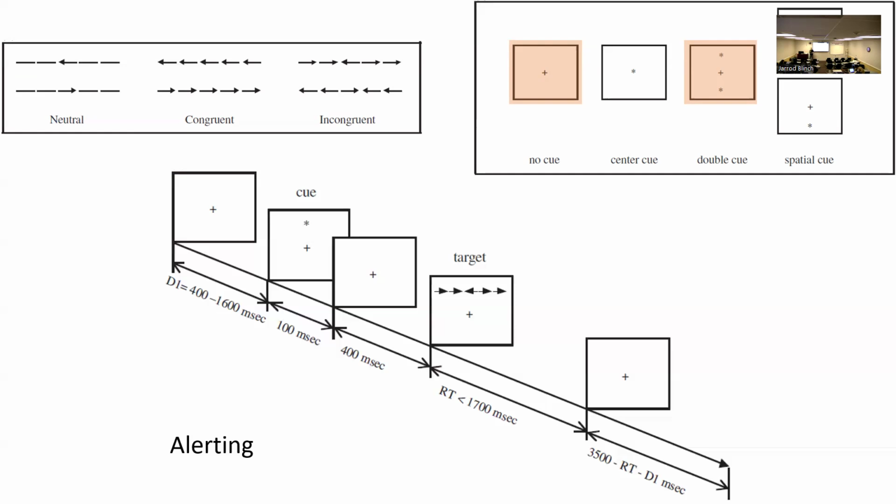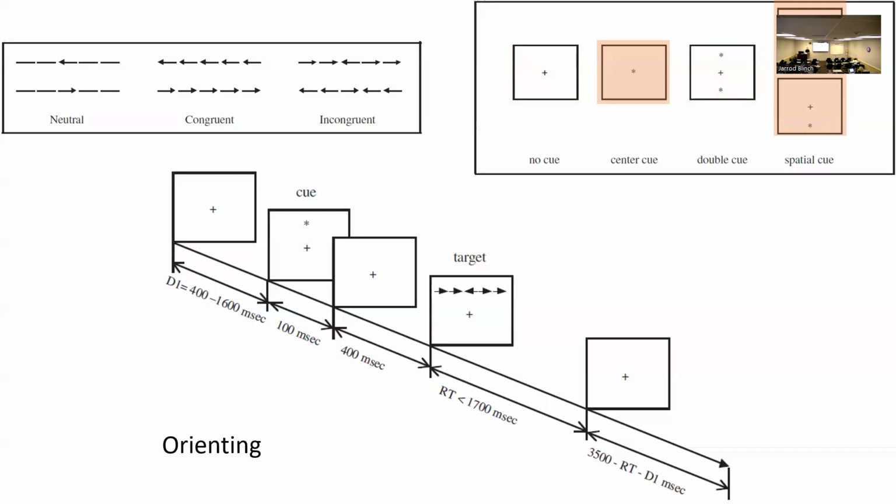So you just have to wait for that go signal. When you get a double cue, although you don't know if it's going to be up or down, it does tell you you're going to get the go signal in exactly 500 milliseconds. So you should be better because you can better anticipate when you're going to get the go signal. They call that benefit of alerting. You know more about the temporal sequence of events, or it decreases the variability of it.